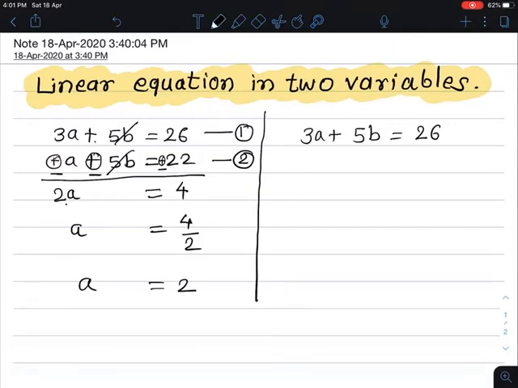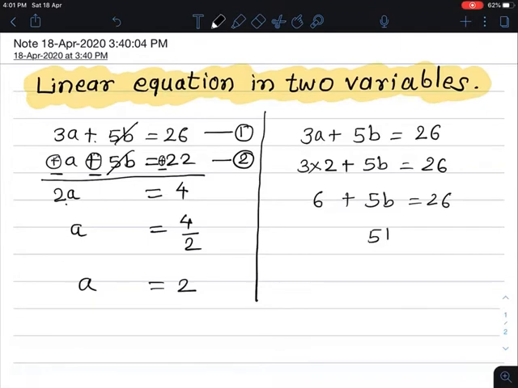So we can write 3 as it is, into the value of a, which is 2, plus 5b is equal to 26. Now 3 twos are 6. So we can write here 6 plus 5b is equal to 26.